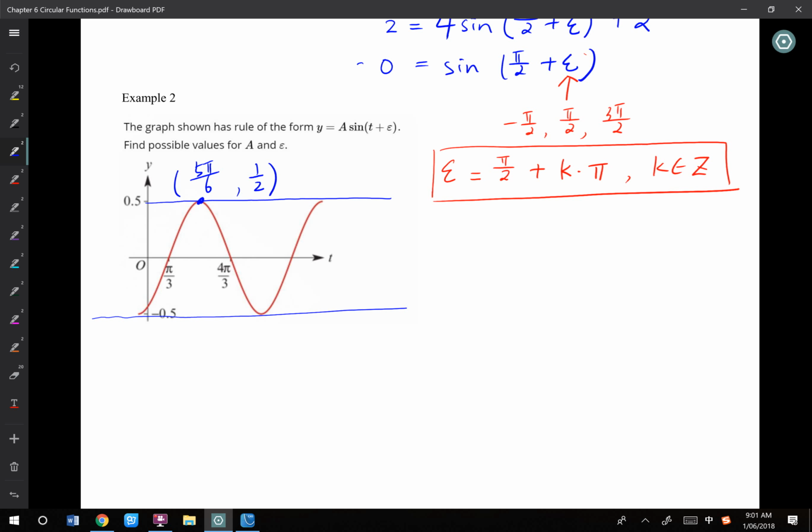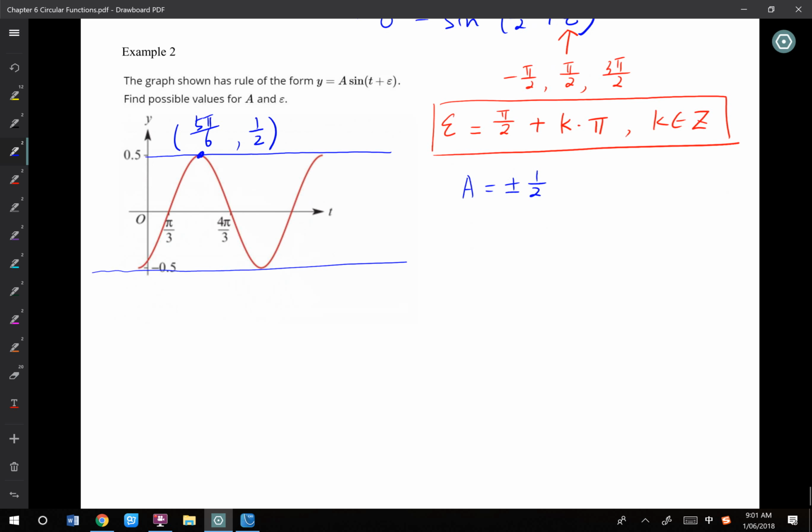So let's write down: A can be plus or minus a half. Let's take positive a half. So y equals a half sine t plus that.